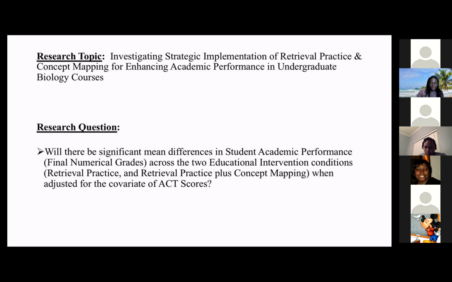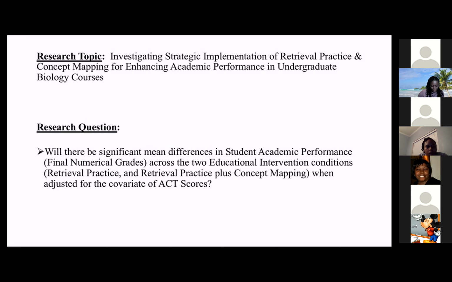Somebody else was going to say something. Yeah, I was wondering, how do you connect this with the covariate of ACT scores? Okay, so ACT scores are a way of controlling for external variables, to ensure that the observed academic performance is actually due to retrieval practice and retrieval practice plus concept mapping, which are the independent variables, the educational interventions.